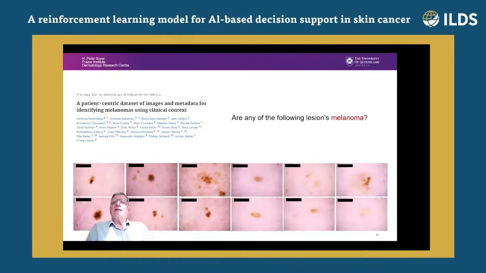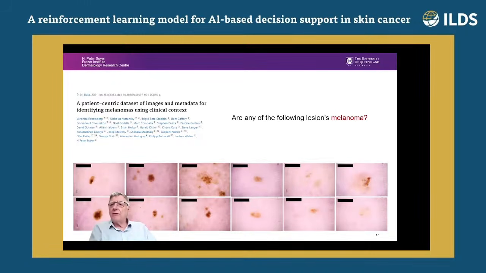One of the ideas from the research perspective is to develop patient-centric datasets of images and metadata for identifying melanomas using clinical context. Let's say if I would ask you, are any of the following lesions melanoma? The more experienced colleagues would say, my God, this is not so easy.